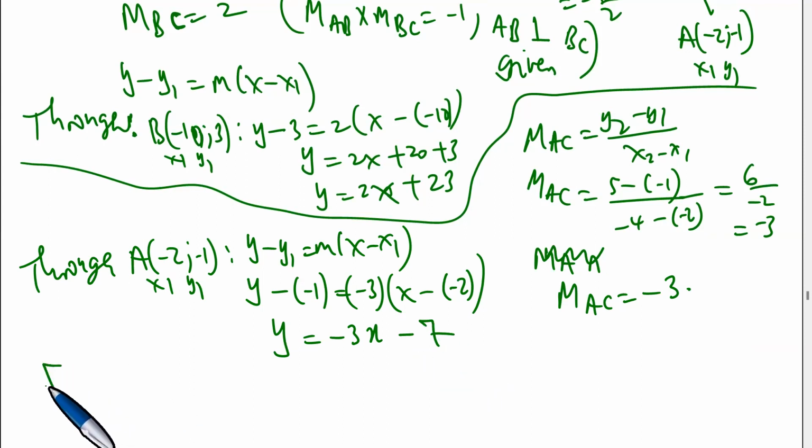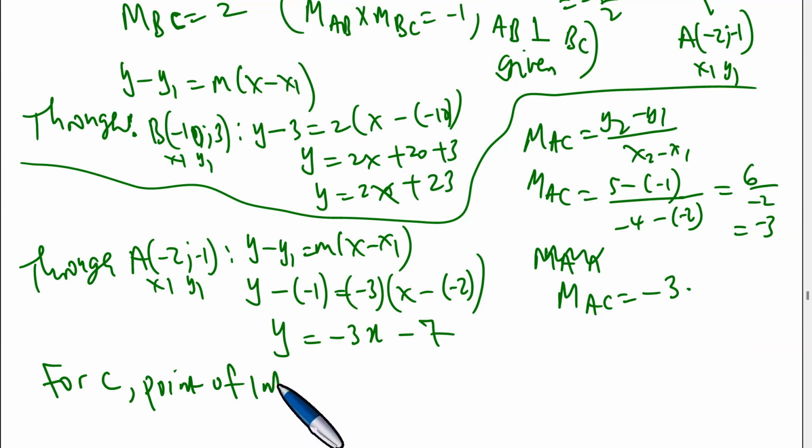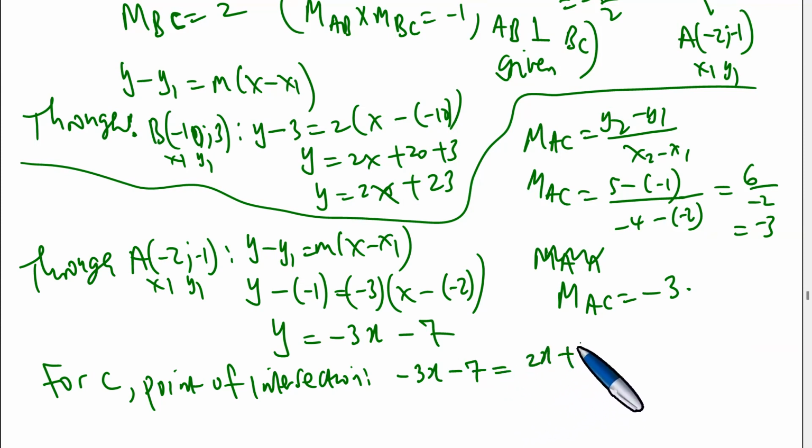For C, the point of intersection, we have minus 3x minus 7 equals 2x plus 23.